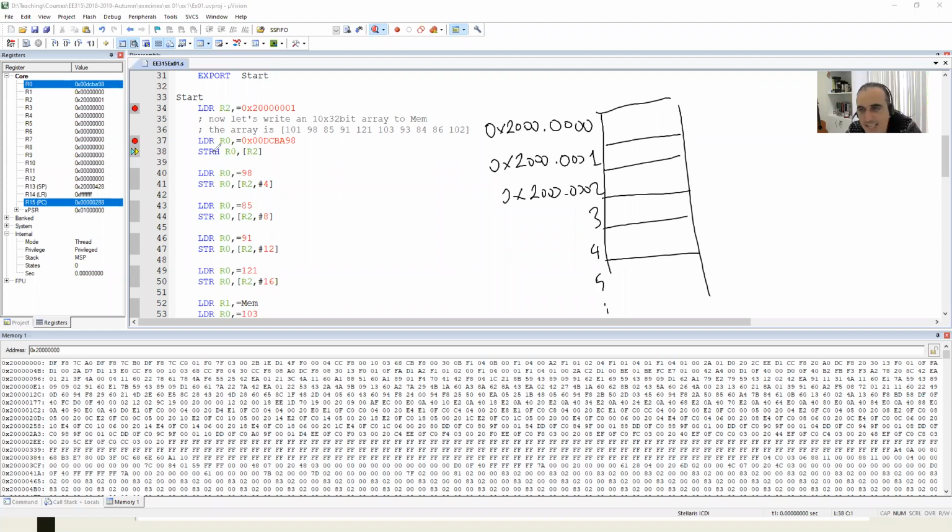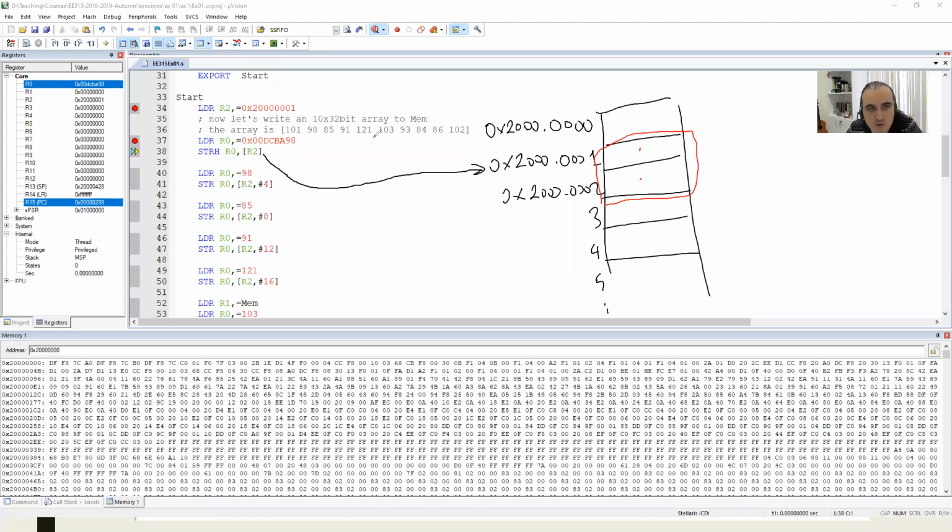This STRH is going to read values from R0 and write them to the memory where R2 points. Where R2 points is this time this location. It's going to write the values inside R0 in a little endian manner, which means the least significant byte is written to the lowest address. And since STRH is 16 bits, it's going to use only these two locations.